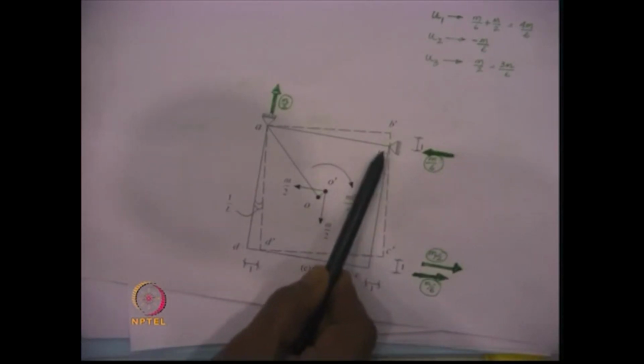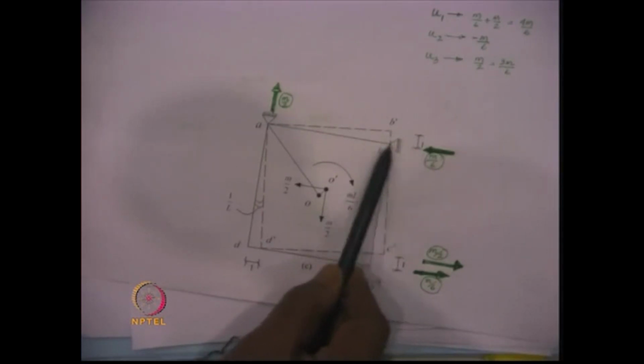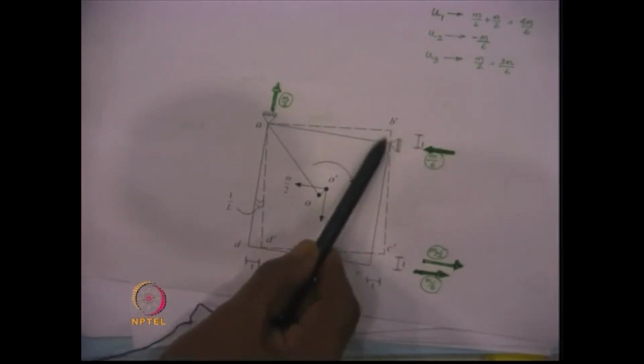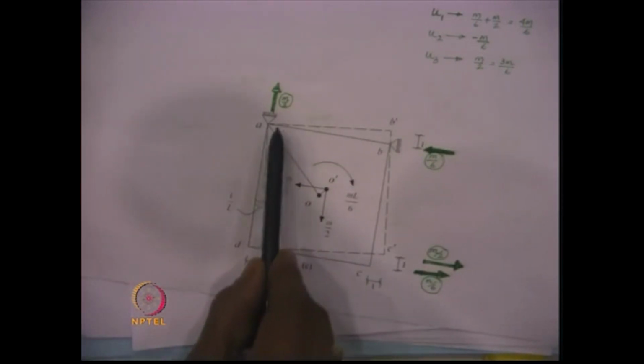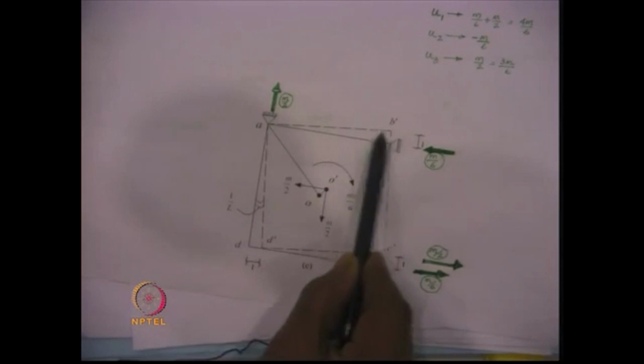So, this point satisfies the condition that there is no movement in this direction, but a movement can take place perpendicular to this direction, because there is no restraint in this direction. So, this line now becomes like this. So, the configuration of this rectangle becomes the dotted rectangle after we have given a unit translation over here.